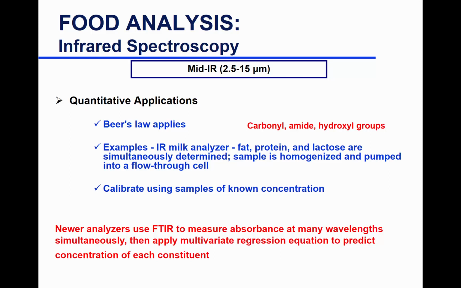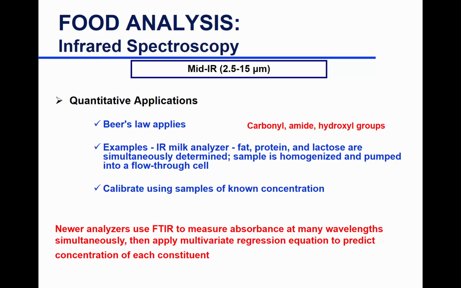Usually you have standard milk samples that vary in protein, fat, and lactose, so that you cover the whole spectrum of concentrations of different milk samples. These standards are run through the instrument and also analyzed by official methods of analysis. So fat would be analyzed, let's say, by Mojonnier, protein by Kjeldahl, and lactose by a lactose assay.